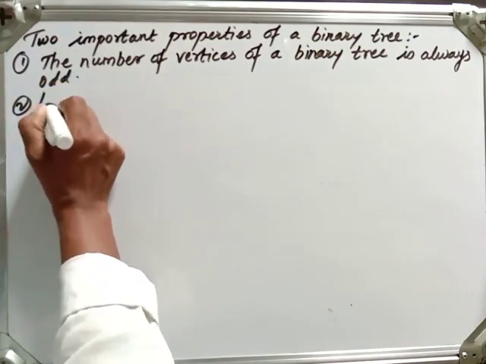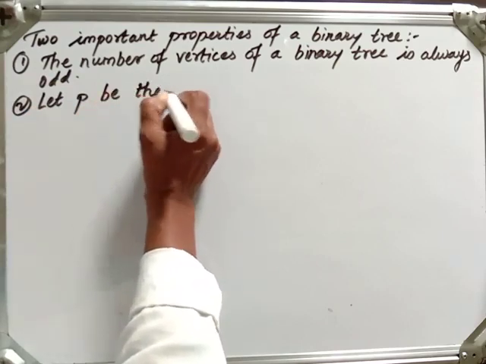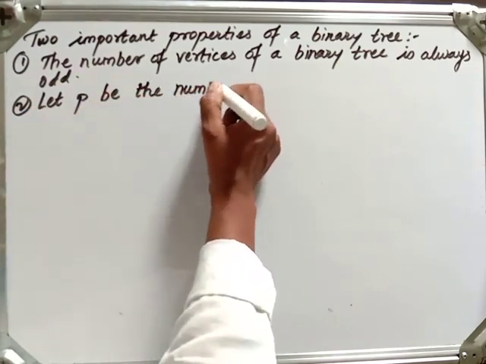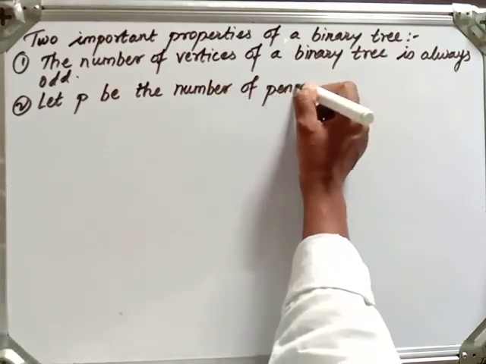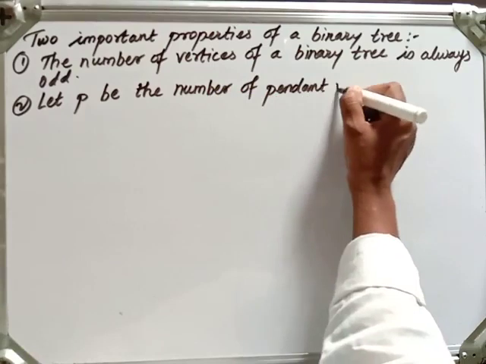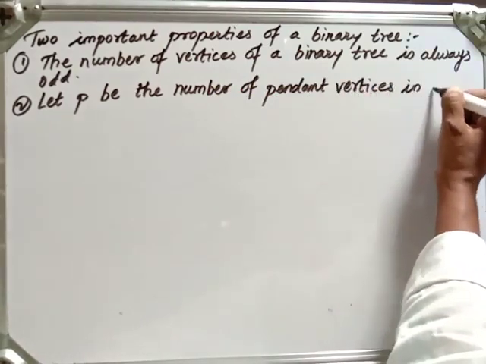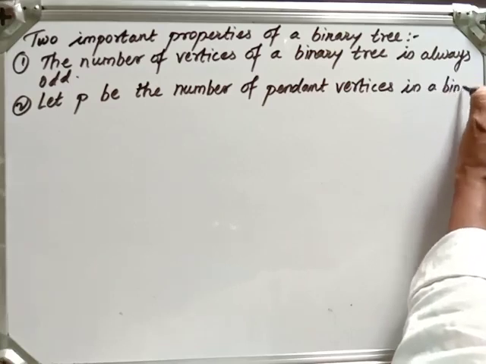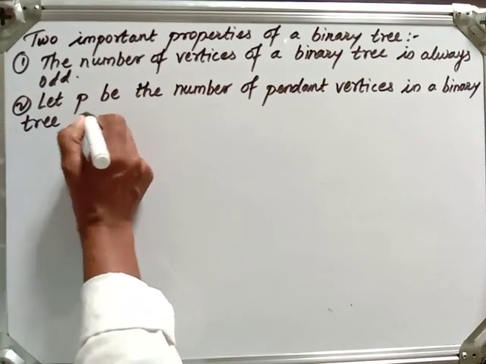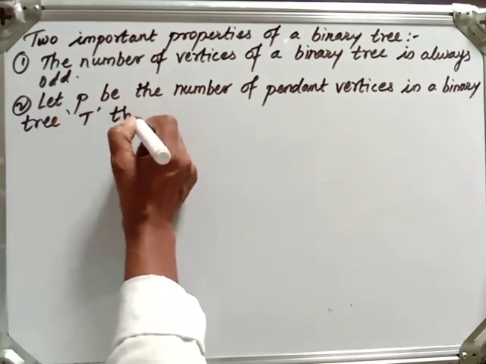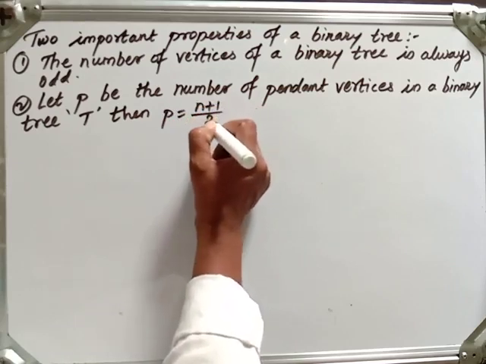Second, let P be the number of pendant vertices in a binary tree T, then P equals (n plus 1) by 2.